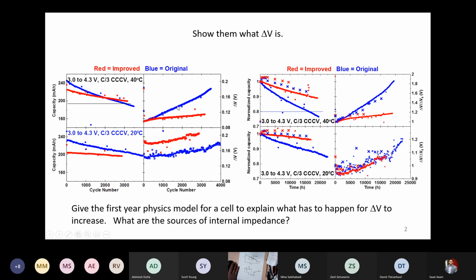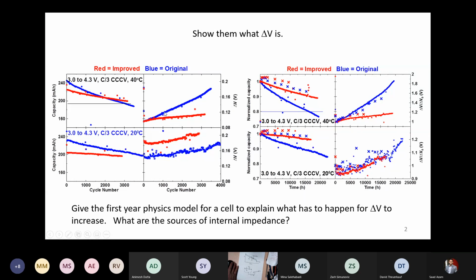And the reason that impedance spectroscopy can do this is because each of these different processes, transport of lithium ions through the solid electrolyte interface, or transport of ions through the electrolyte, or solid state diffusion, they all have a different signature if you measure impedance as a function of frequency.